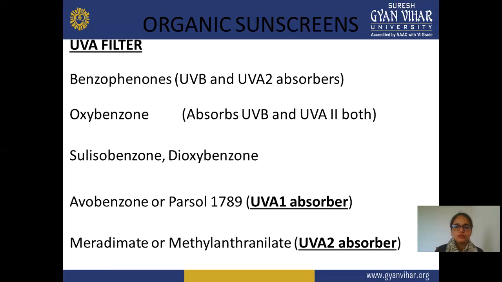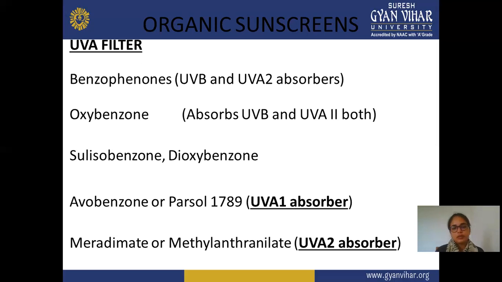Next is oxybenzone, which absorbs UVB and UVA2 both. This means it is effective for both A and B. Next is sulisobenzone, then dioxybenzone. This may be only for the UVA filter. And avobenzone, or Parsol 1789, is a UVA absorber. It protects only from UVA1.